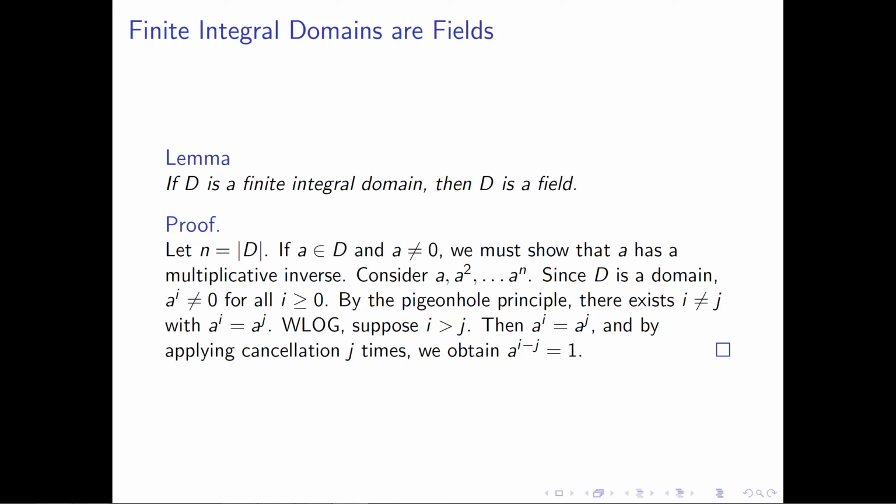So what we've done here is we've taken a and raised it to some positive power, and we've gotten the identity. If we peel off one more copy of the a here, we write a times a to the power i minus j minus 1, then we've found a multiplicative inverse for a, namely a to the i minus j minus 1, and we're done. We've found that multiplicative inverse for a, an arbitrary element of the integral domain, thus proving that D is also a field.